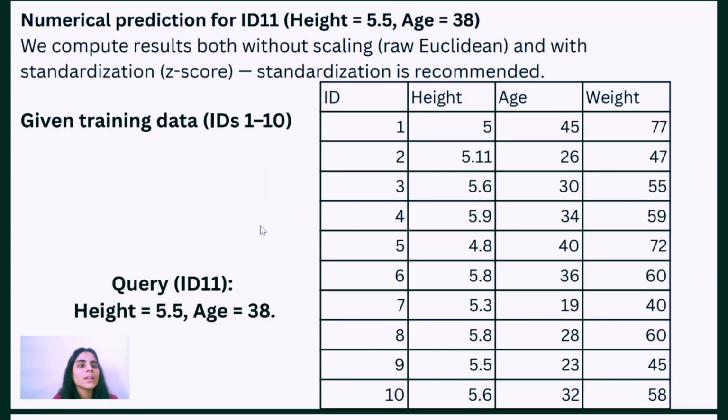Now a numerical prediction for ID 11: height is equal to 5.5 and age is equal to 38. So here is the given training data, and for height 5.5 and age 38 we have to find the weight.